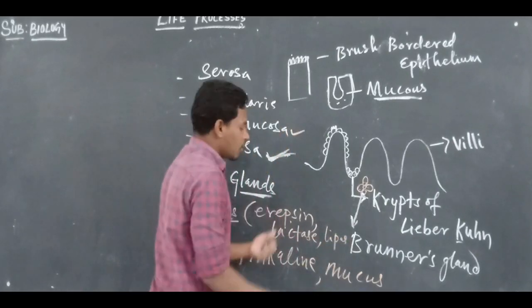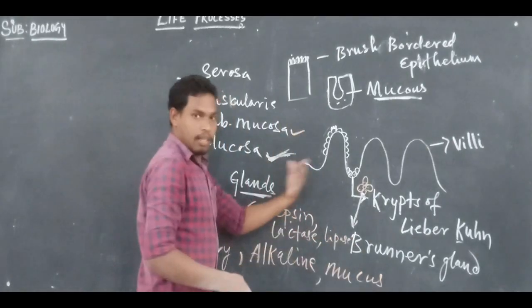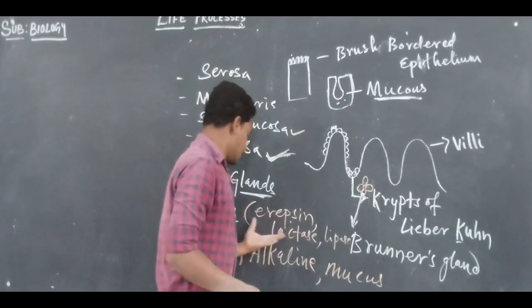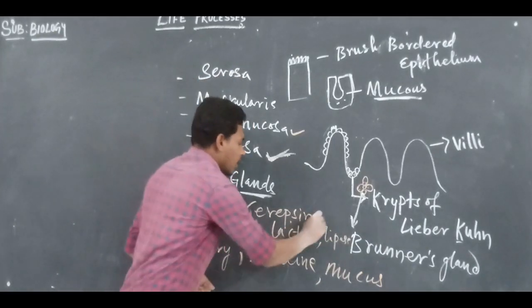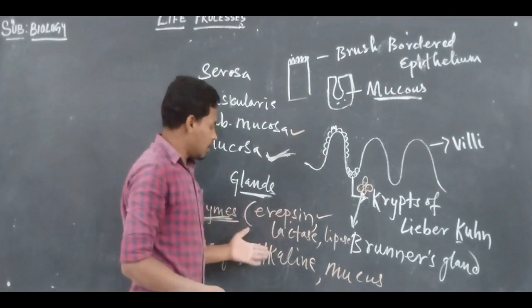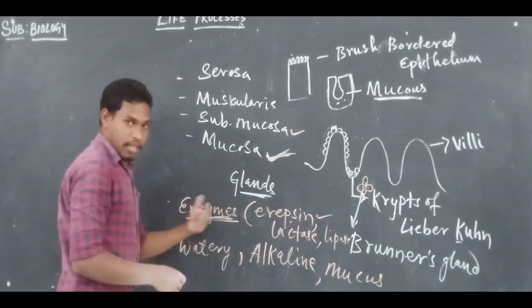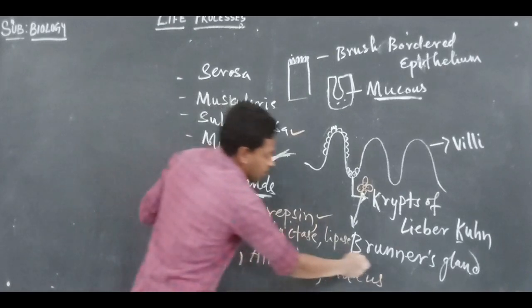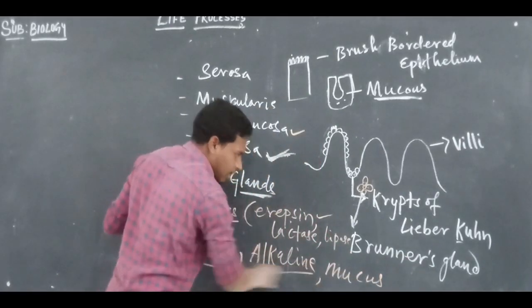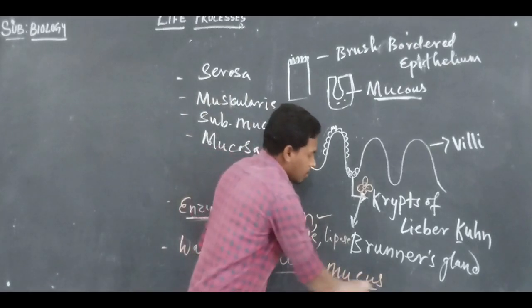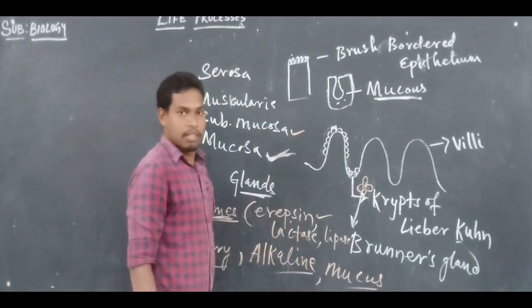We are going to see all these things in detail in the next class, because in chemical digestion all these enzymes are required. Brunner's gland secretes a watery substance that is mainly alkaline, and it is mucus.